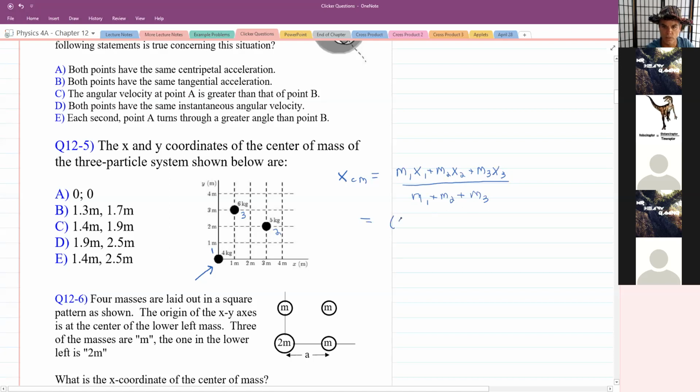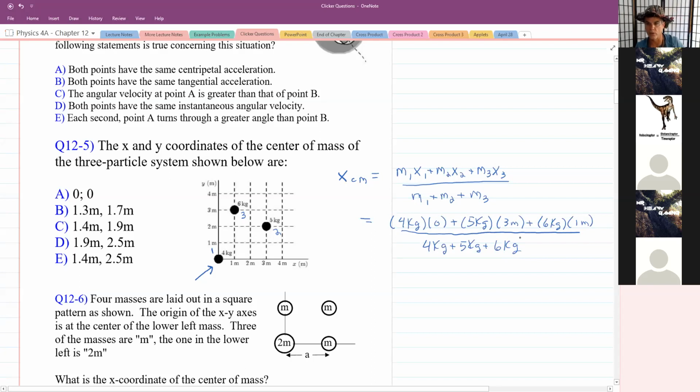So I've got 4 kilograms times 0 plus 5 kilograms times 3 meters plus 6 kilograms times 1 meter, all over 4 kilograms plus 5 kilograms plus 6 kilograms.